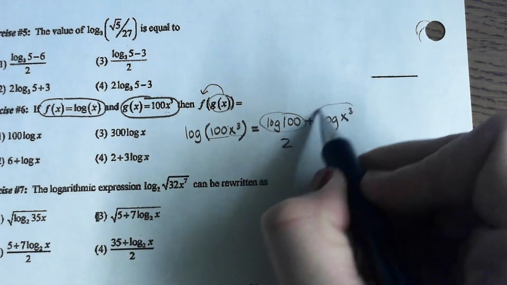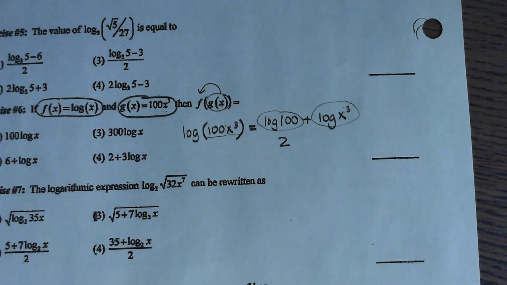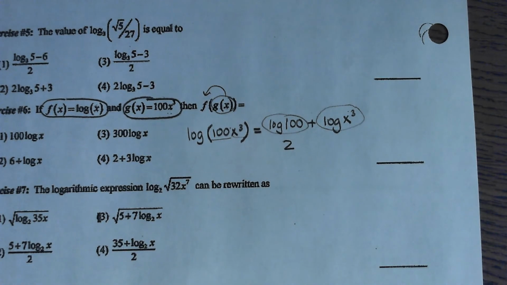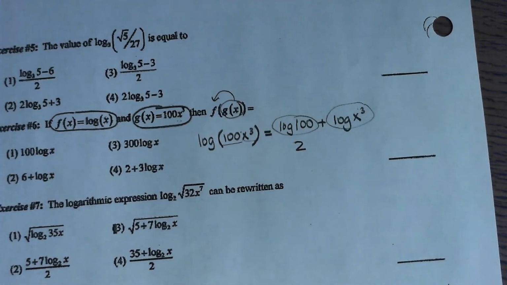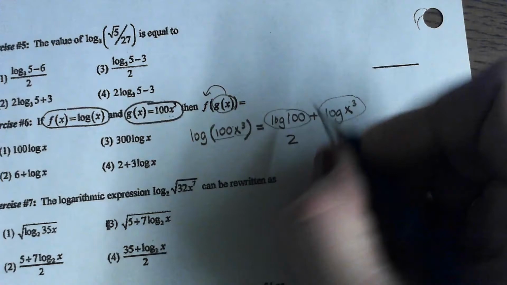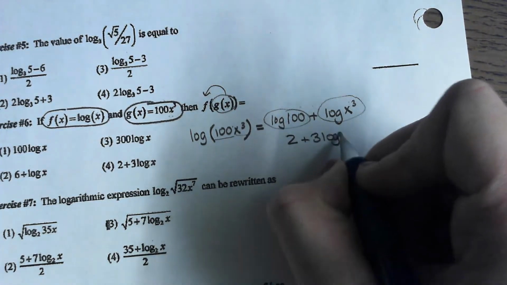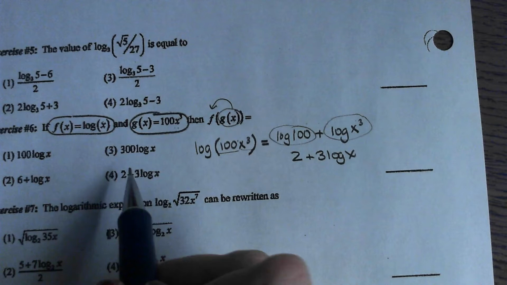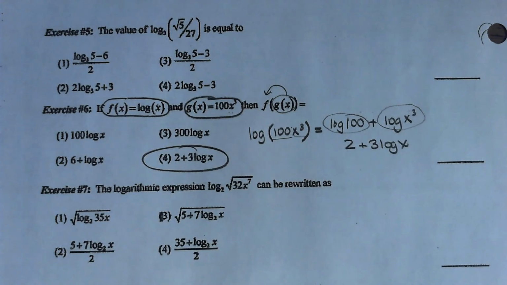And then on the second term, what rule can we apply? Jack B. Put the 3 out in front. Very good. Plus 3 log of x. And that's option 4. So they kind of combine your log rules with your function composition stuff.